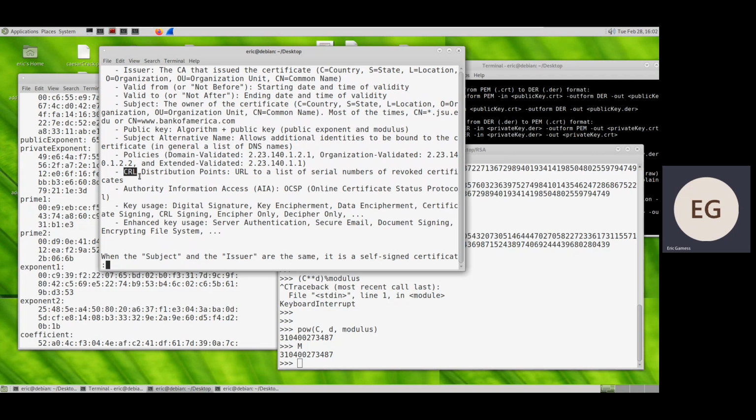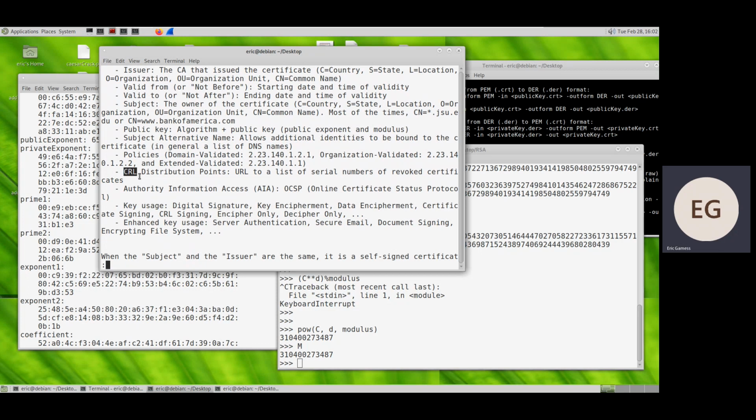So what should I do? I need to revoke my certificate. I need to tell DigiCert, hey DigiCert, you remember I asked you to sign this public key for me? Unfortunately, I have a problem. They got the private key associated. So I need to revoke it.